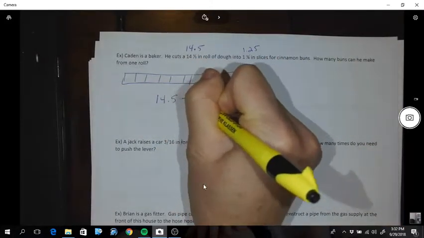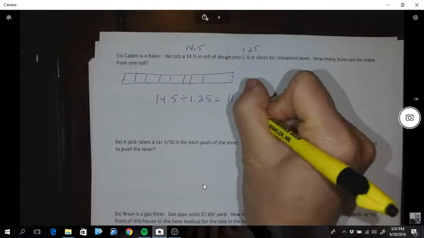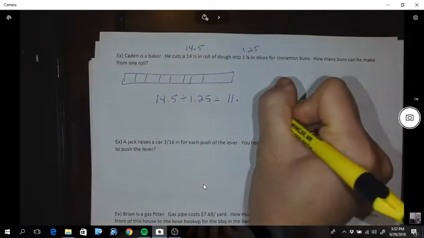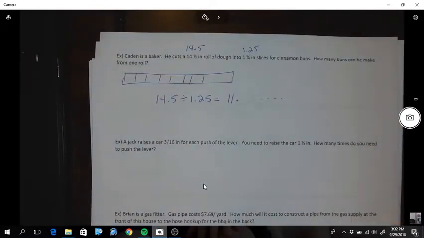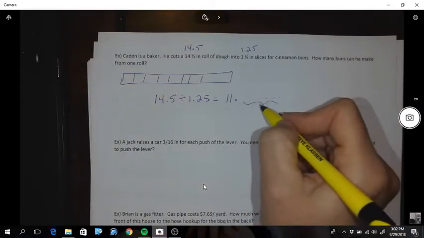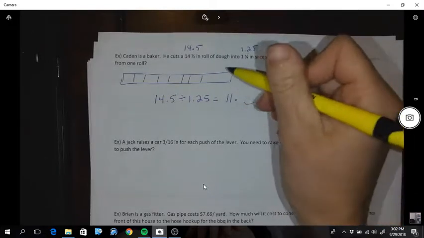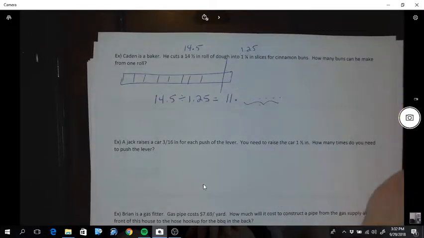So I'm going to go into my calculator and do that division, and I get a result of 11 point something something something something. Okay, obviously when I'm doing a partial, I can't fit that in, and I'm not going to make a bun from that. It's just going to be leftover dough.